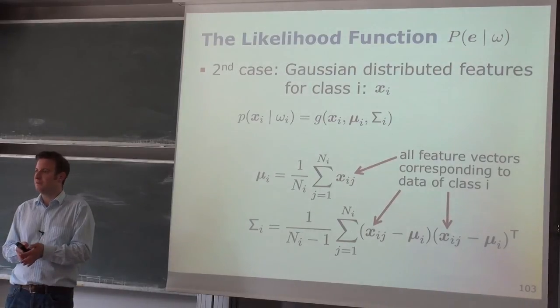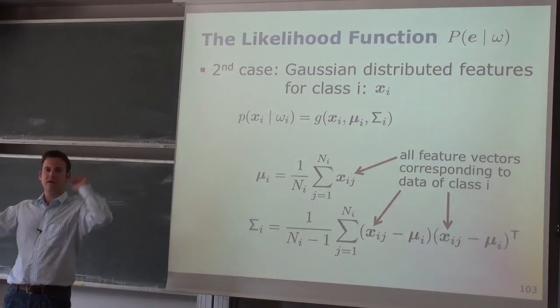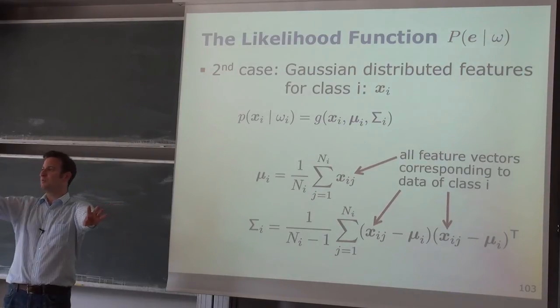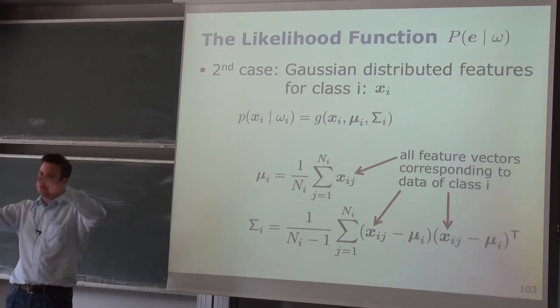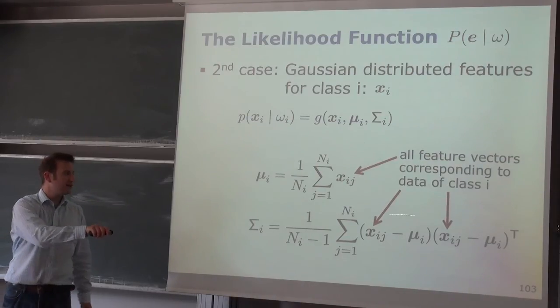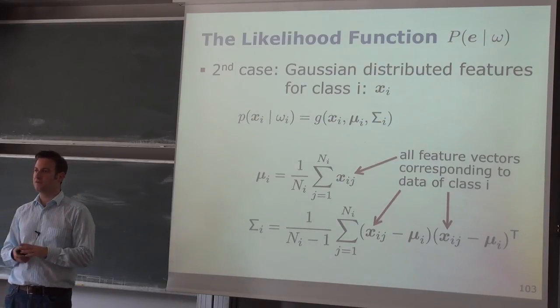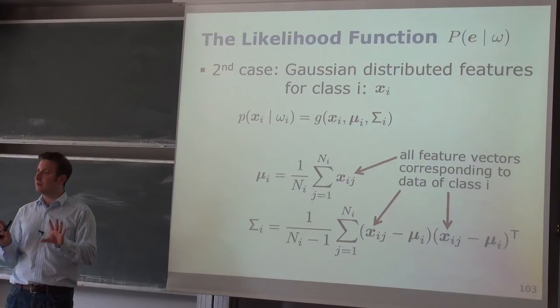It's very easy. Just split my training data set into two parts, the one which belongs to class 1, the one which belongs to class 2. And then I compute the mean for class 1, the mean for class 2, and then exactly in the same way, the covariance matrix of class 1 and the covariance matrix of class 2. And that's it. I don't need to do more.